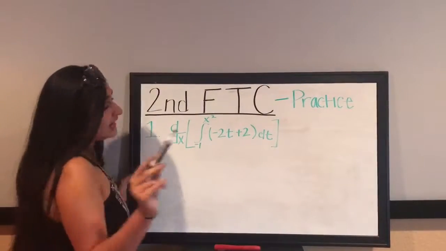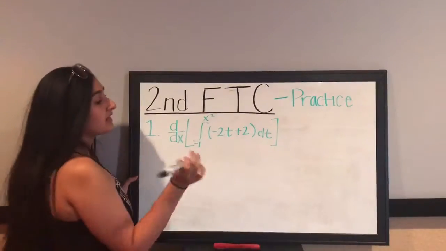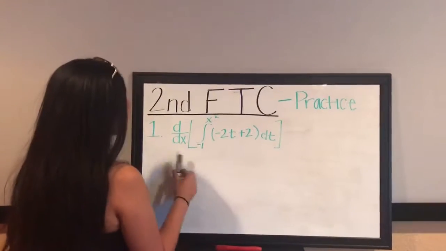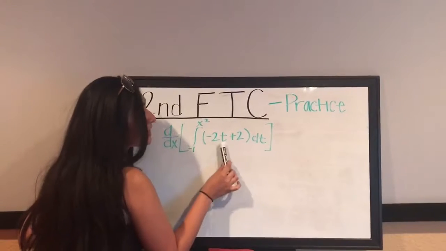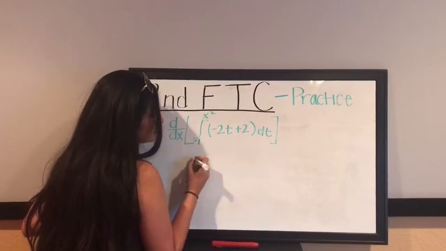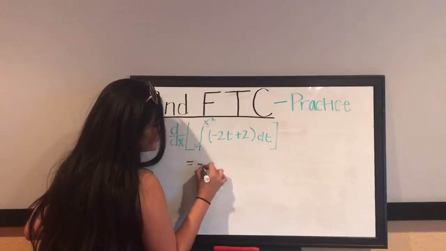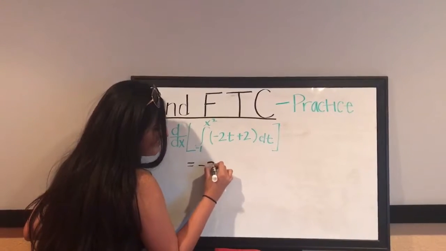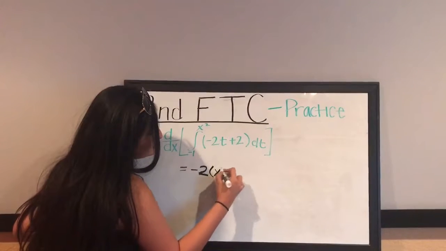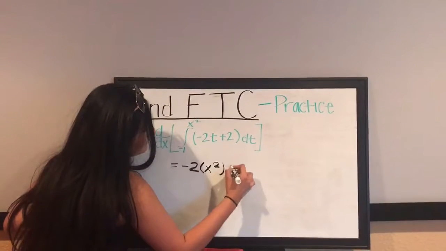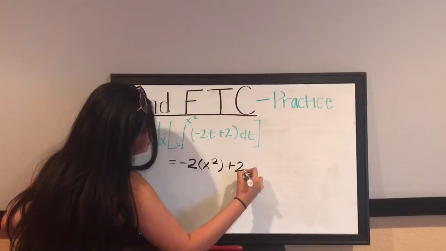So let's work it out together. We want to find the derivative of this equation. So we're going to take the x squared and plug it in for the t. So we're going to get -2 times x squared plus 2.